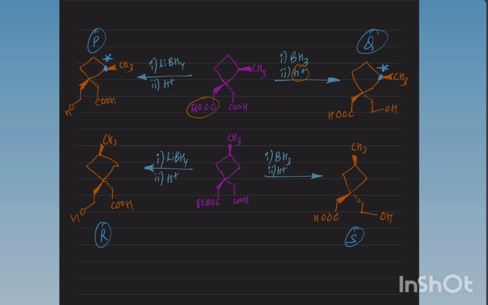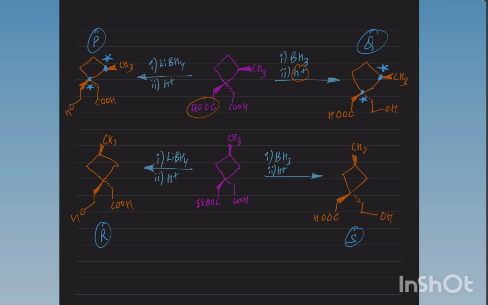We can say that it has the same configuration. And the other chiral center also has opposite stereochemistry or configuration. As we can see, in the P molecule the OH is above, and in the Q molecule the OH is below. So there is an opposite configuration.